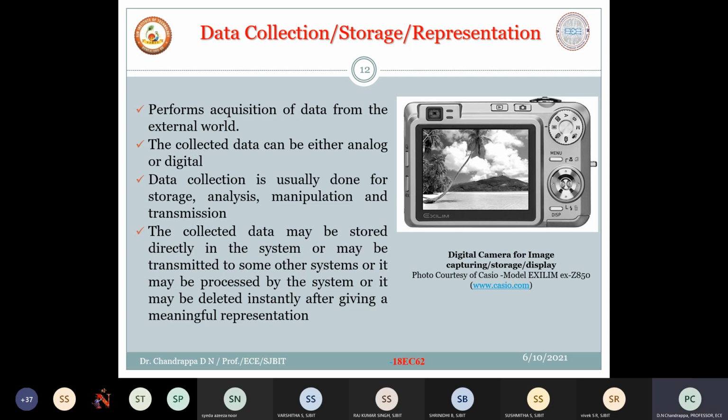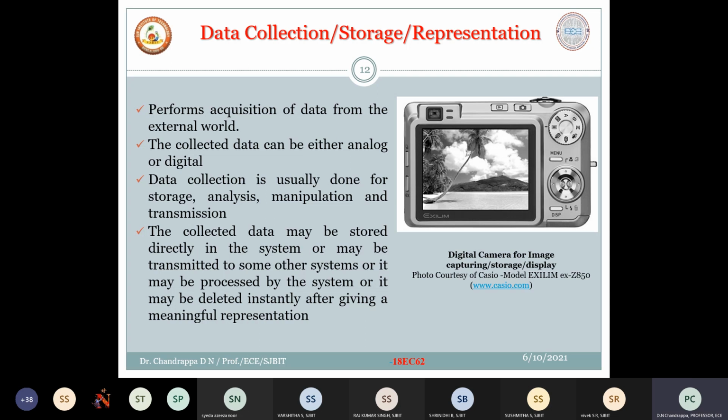Once you have captured these digital images, usually it goes to storage. Store those captured images and analyze the image we captured, is it correct or not. Sometimes you can capture the same image more than once, because a good or better image is to be stored.